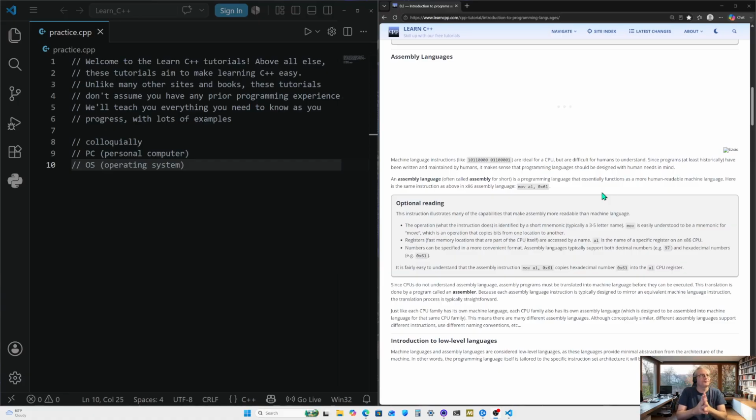So we left off with assembly languages, which is pretty much machine code, machine language. Let's get started. Machine language instructions like ones and zeros are ideal for a CPU, but difficult for humans to understand. And yes, that's true.